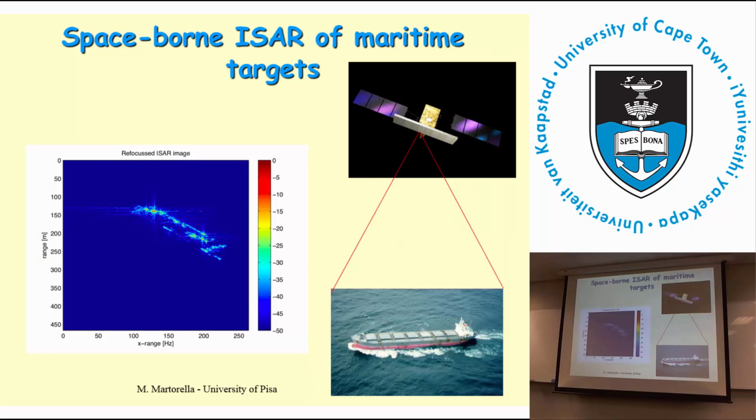Right, I want to tell you something more about this spaceborne ISAR for maritime targets, because the way we implemented it is a bit particular, right? We don't have up there an ISAR system designed to work as an ISAR system. We've got a SAR system. A SAR system is able to form images of targets that are moving on the ground, but the SAR processor, unfortunately, is not suited to focus those targets.